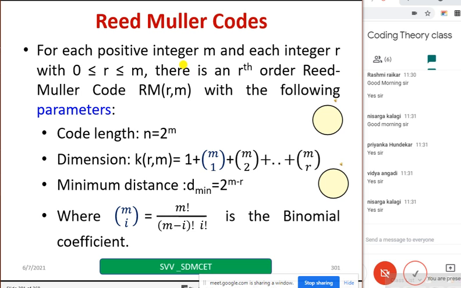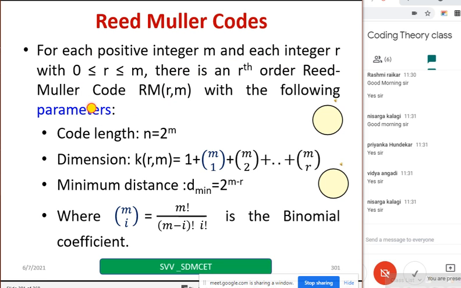Now, the Reed Muller codes: for each positive integer m and each integer r between 0 and m, there is an rth order Reed Muller code. We write it as RM(r, m) with the following parameters.